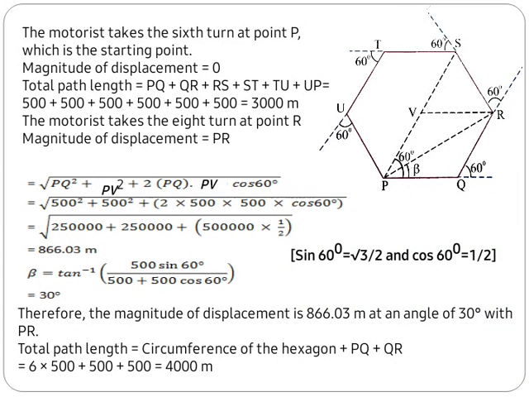Then beta is equal to tan inverse B sin theta divided by A plus B cos theta. Here PQ as A and PV as B. Then by substituting the values of A, B and theta, you get beta is equal to 30 degree.